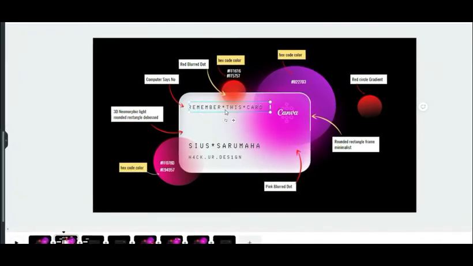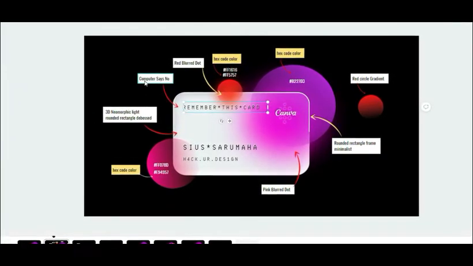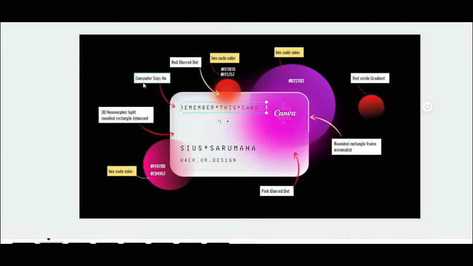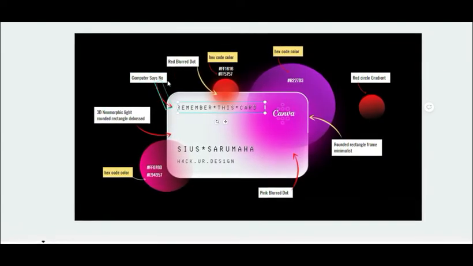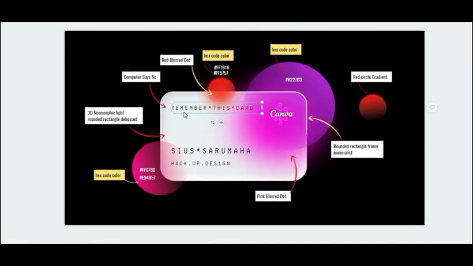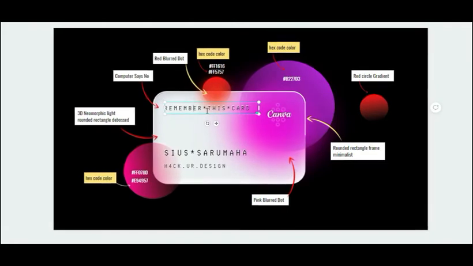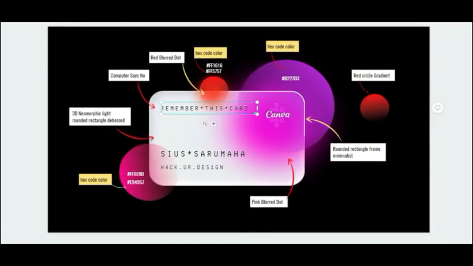And the name of the font is a little bit peculiar, no? Strange. Computer says no, but well, it's just strange for me. That's the name of this font. It's here.